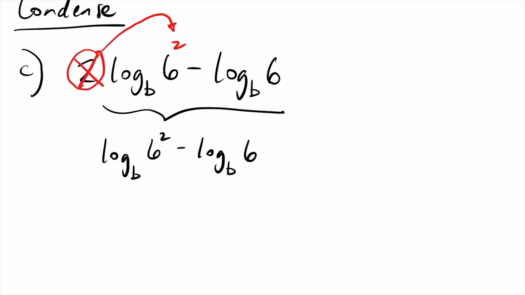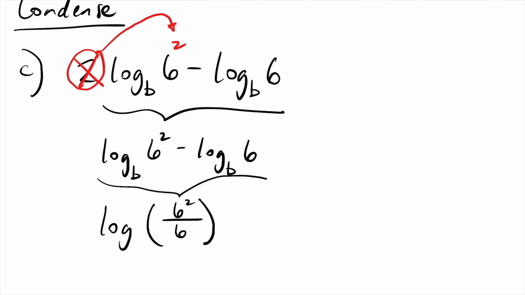Now I look to see what else do I have. Do I have an addition? Do I have subtraction? I have subtraction. So the way to put these two together is by division. 6 squared divided by 6. Well, these are numbers, right? In the notes earlier, they were letters. We couldn't multiply, we couldn't divide.